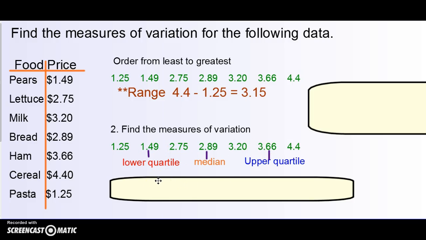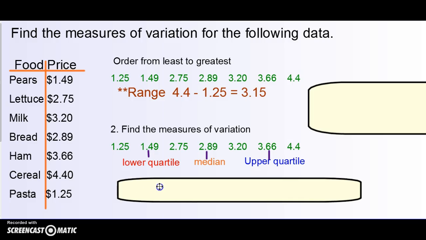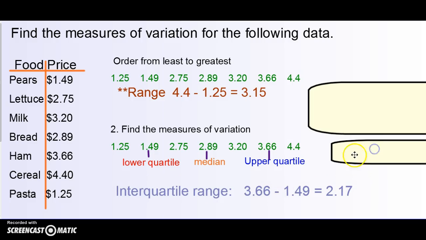And then the last measure of variation you'll be asked to find is the interquartile range, which again is the upper quartile subtract the lower quartile. And then we see that 50% have a range of $2.17.